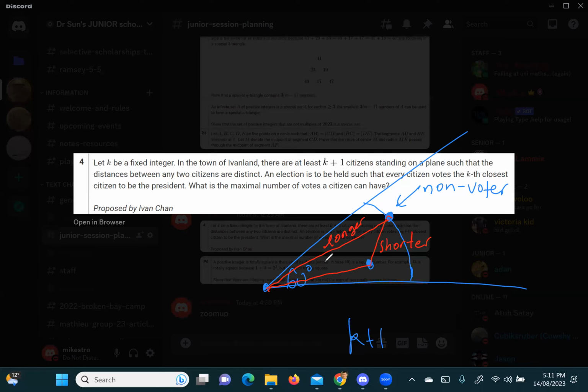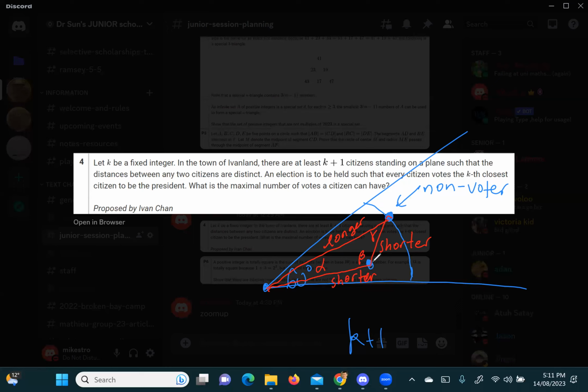So we'll let this angle be alpha. This could be beta, and this could be gamma, yeah? Okay. So we started with the assumption that this side was shorter than the longer side, right?